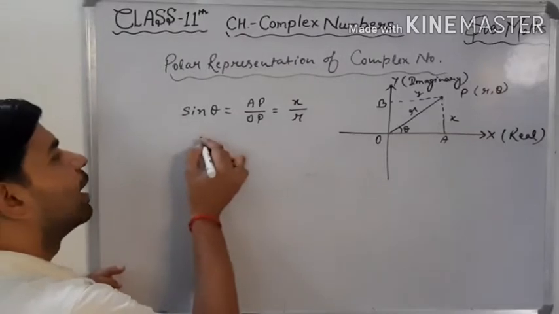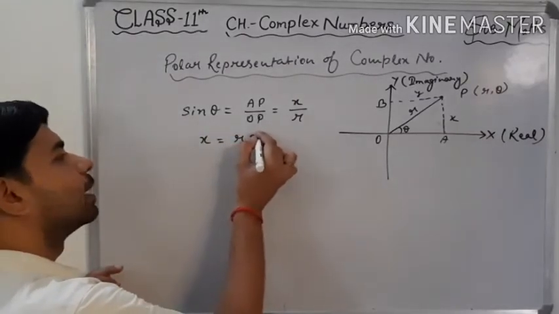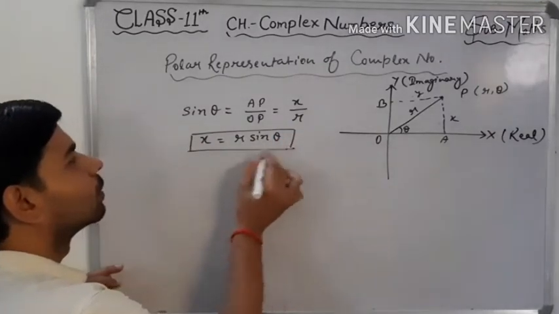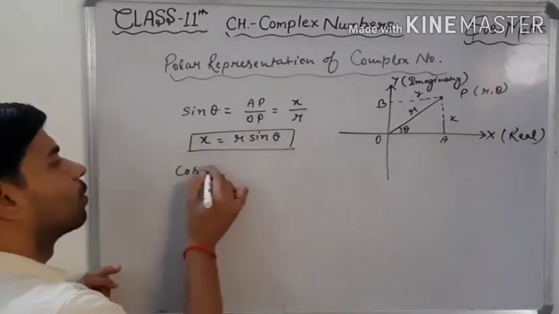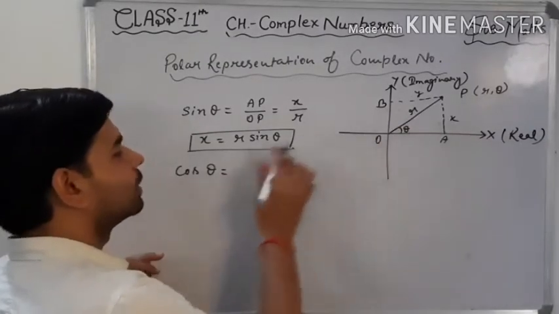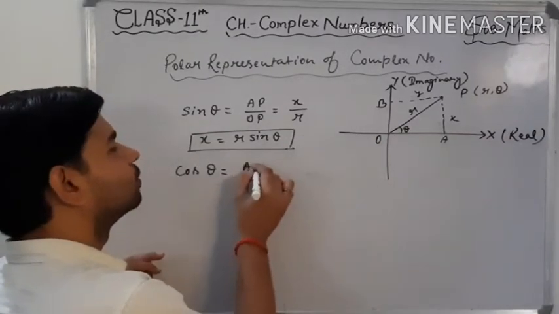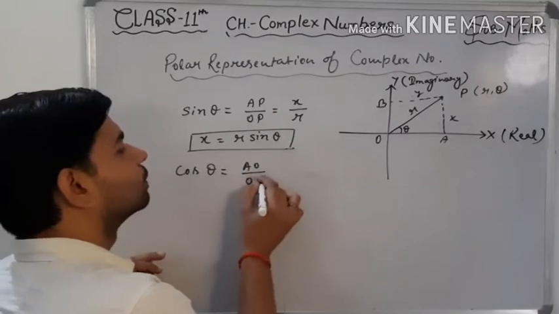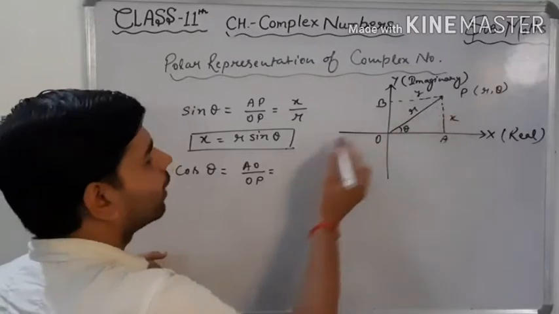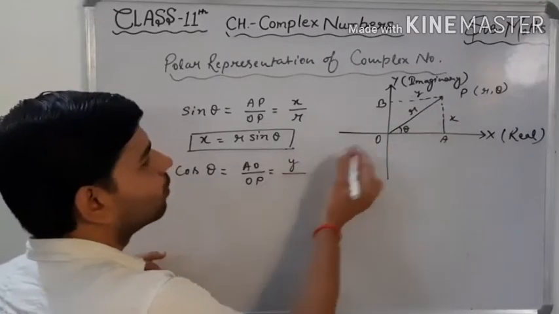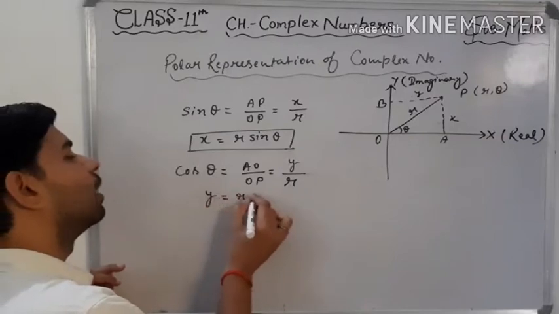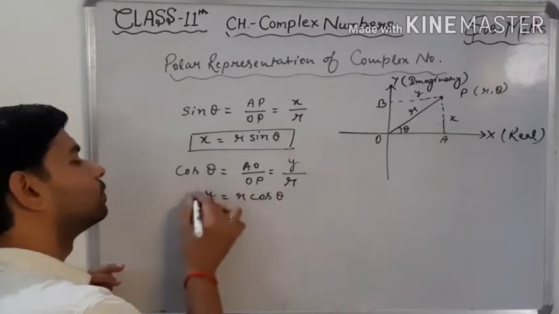So we get x equals r sin theta. Cos theta is base upon hypotenuse, so this is equal to AO upon OP. AO is y and OP is r. We get the second relation, y equals r cos theta.